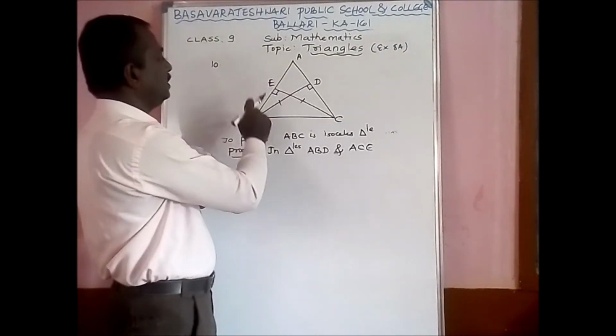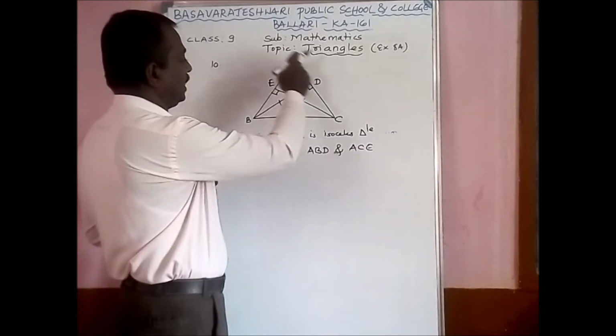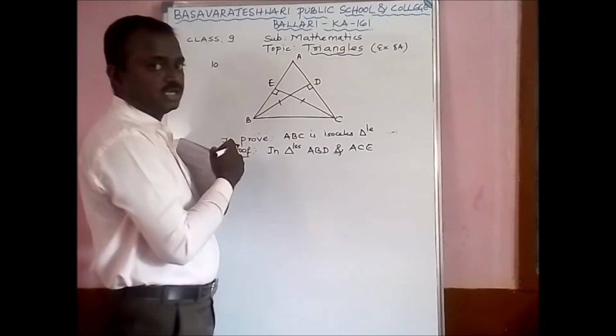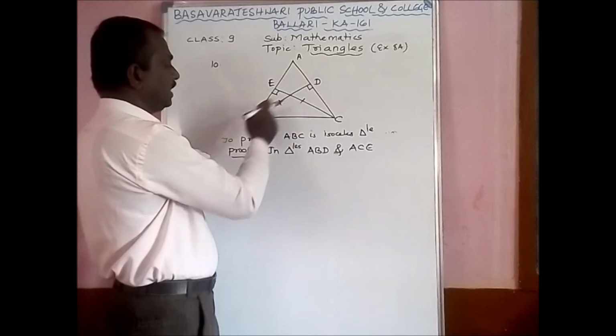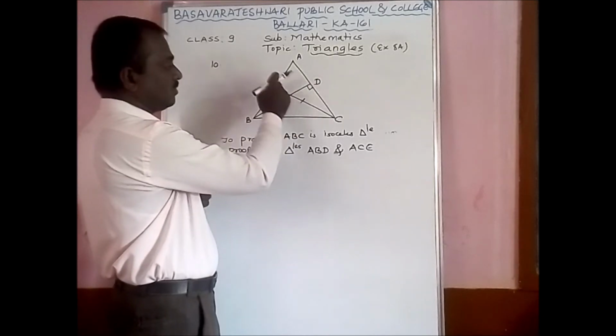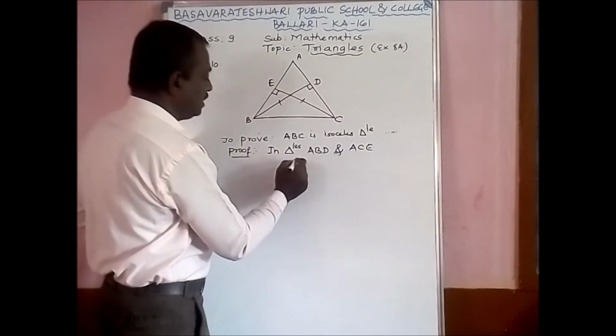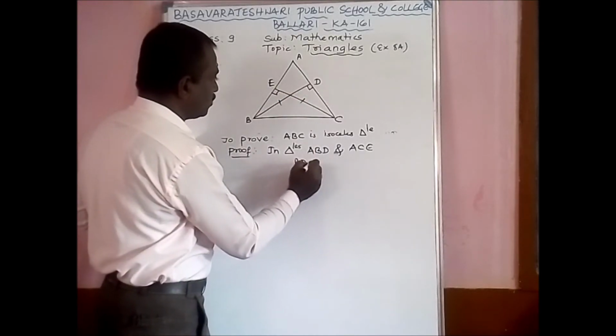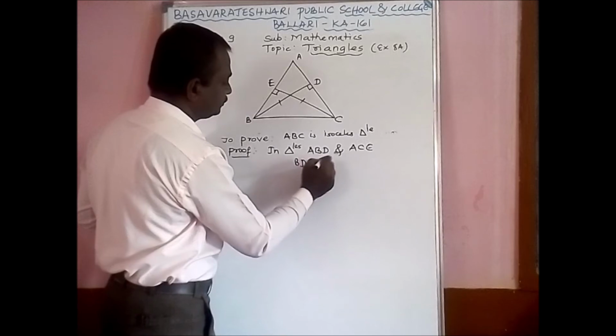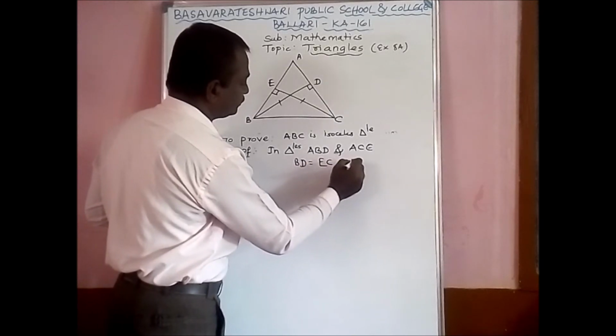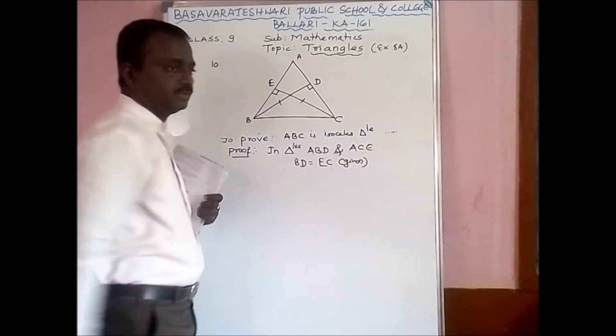Observe A, B, D and A, C, E. Definitely they are given, the altitudes are equal. Therefore these two sides are equal in both the triangles. BD is equal to EC. Given. Isn't it?